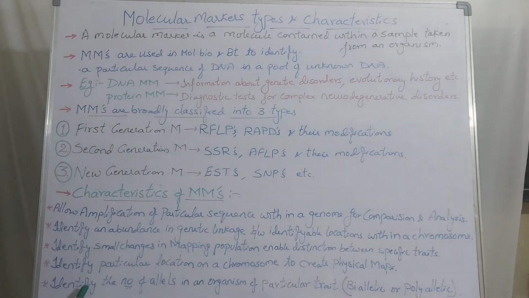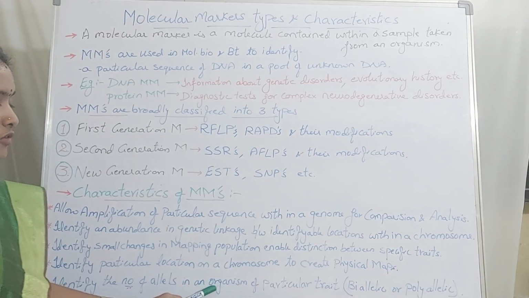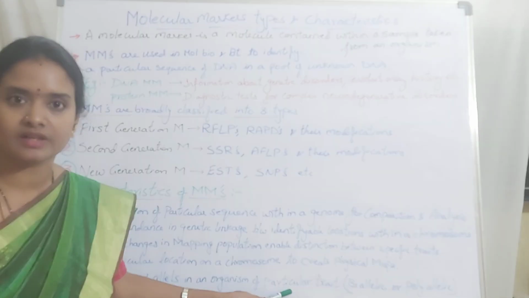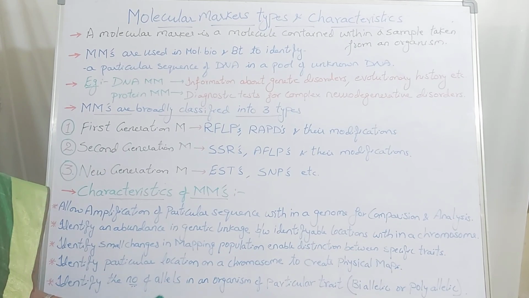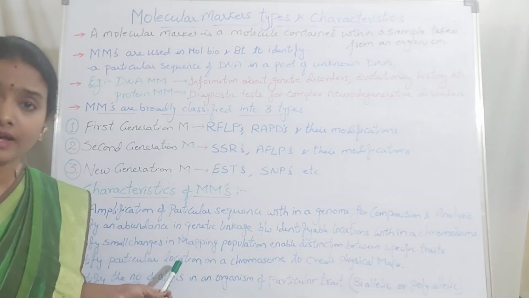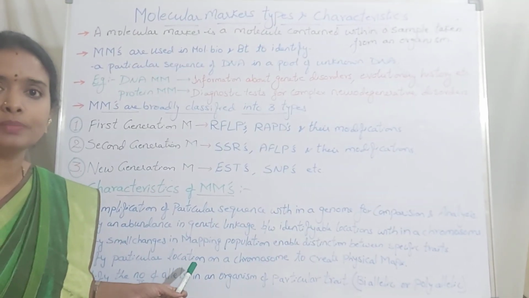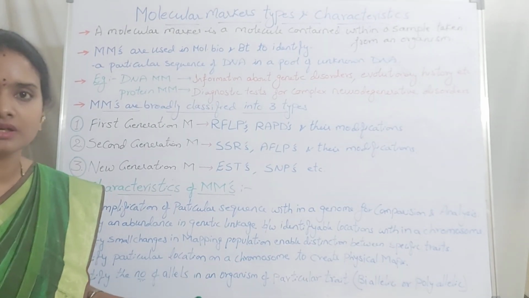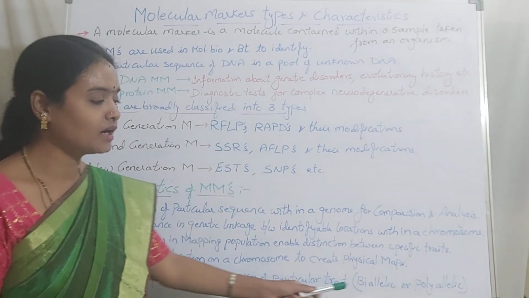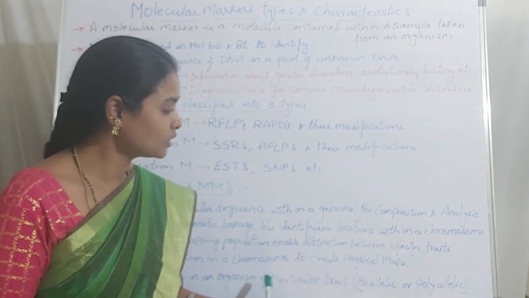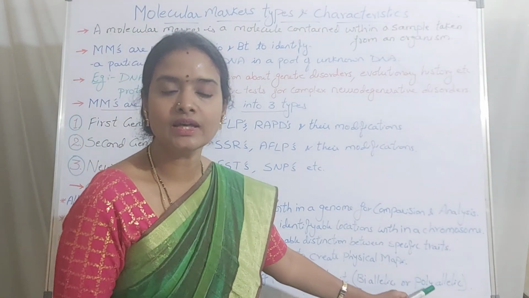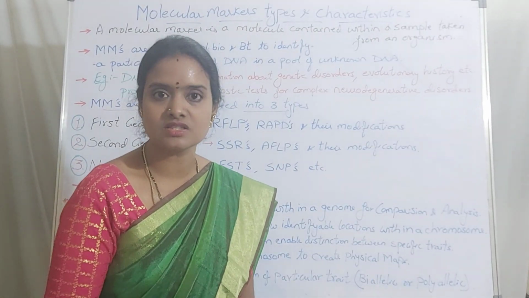Then last one is identifying the alleles of an organism for a particular trait. So here you can identify whether the gene or the allele is present in duplicates or in many numbers, right? Mostly the alleles are biallelic, or you can identify whether any polyallelic forms are present in these markers or not.